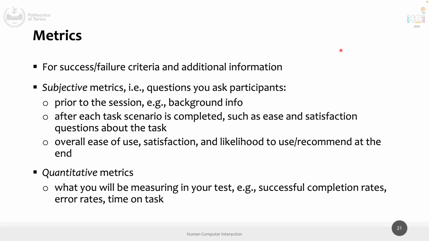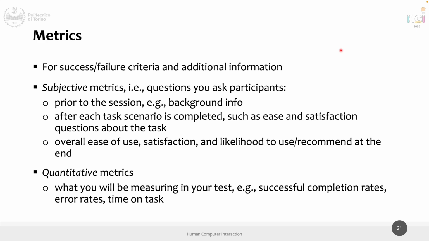After defining the task, you also have to define metrics. For instance, metrics for success or failure criteria for the task and for additional information. You can ask two kinds of metrics.